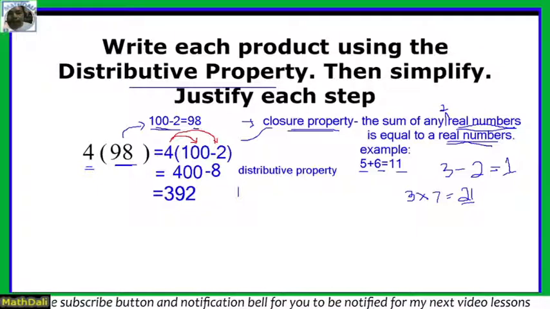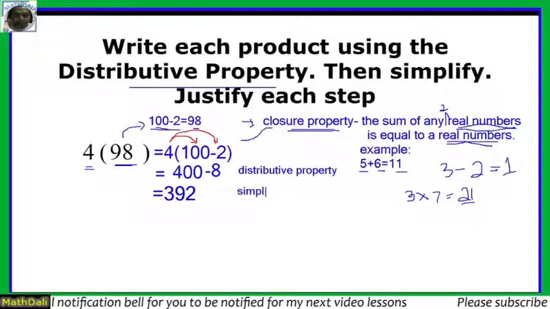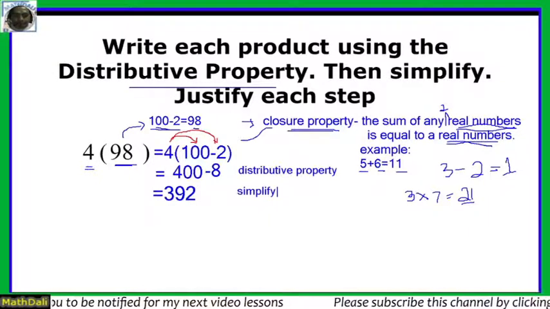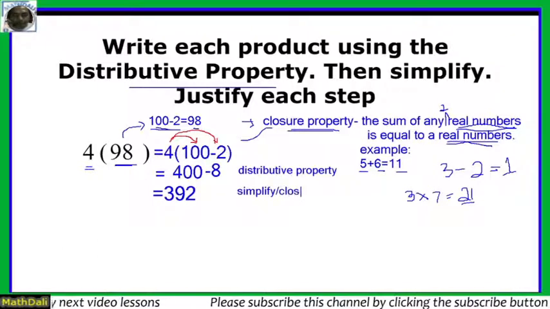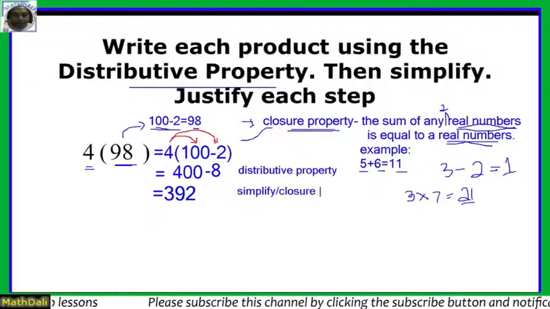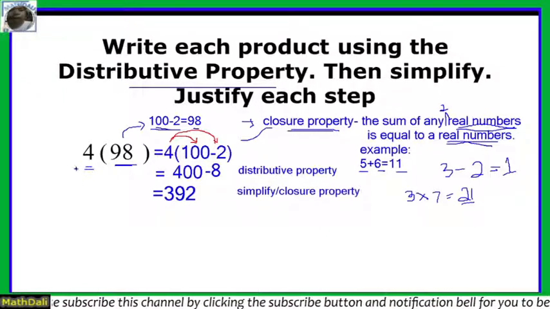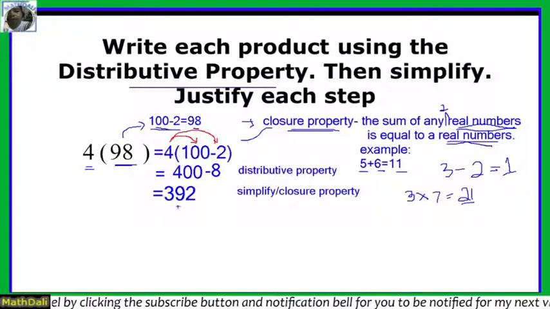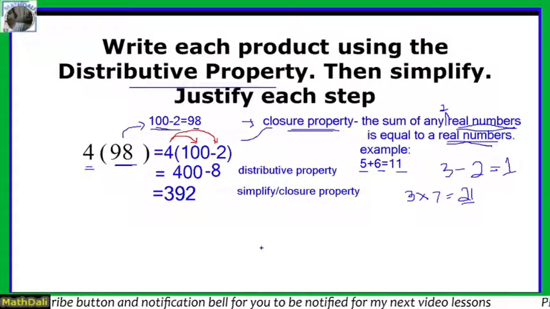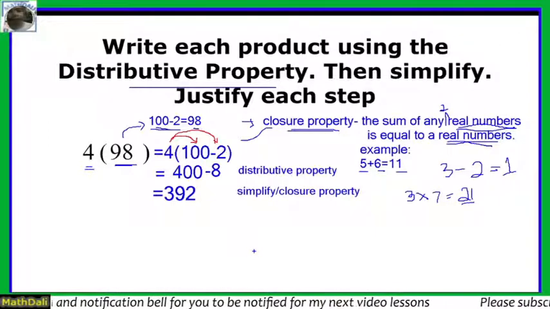That is simplify. Or pwede rin natin lagay dito ulit yung closure property. Pagka minultiply natin to, or sinubtract na 400 minus 8, dapat ang lalabas ng sagot ay real numbers pa rin. Or sinimplify lang. So yan. Next na tayo.